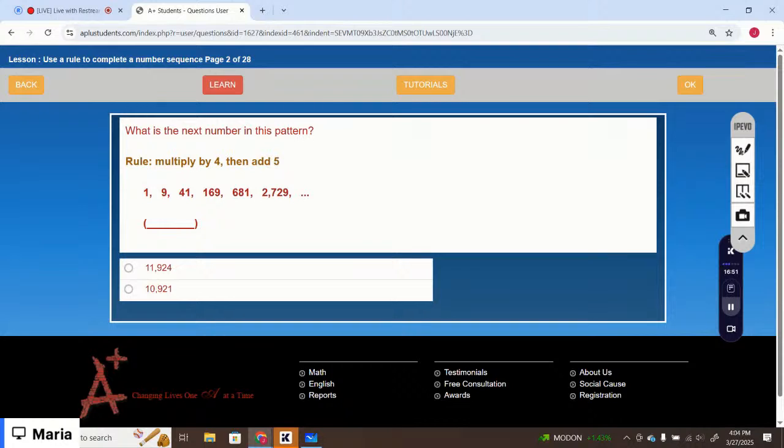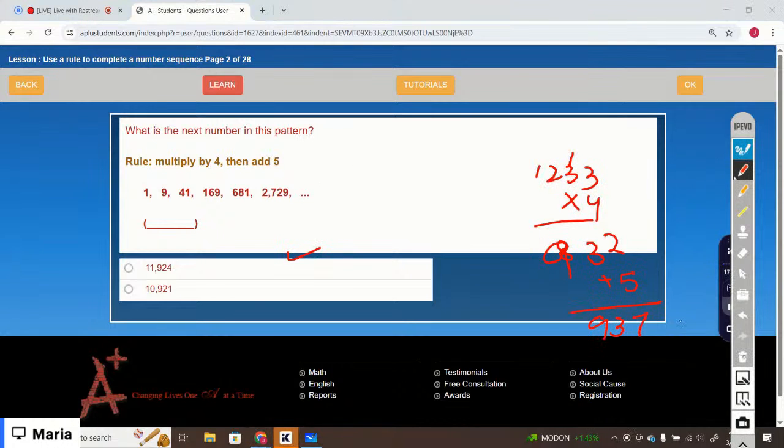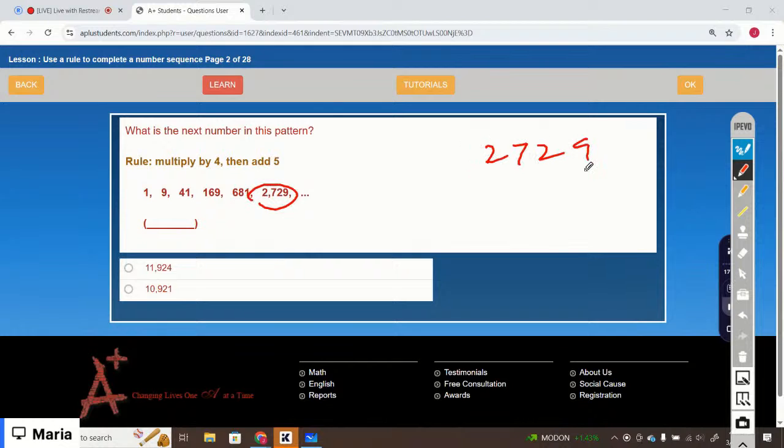What is the next symbol in the pattern? Multiply by 4, then add 5. So just multiply 2729 by 4. 4 times 9 is 36. 4 times 3 is 12, plus 3 is 15. 4 times 7 is 28, plus 1 is 29.